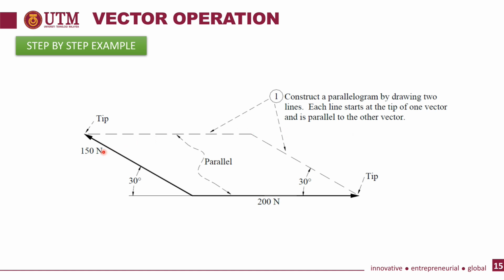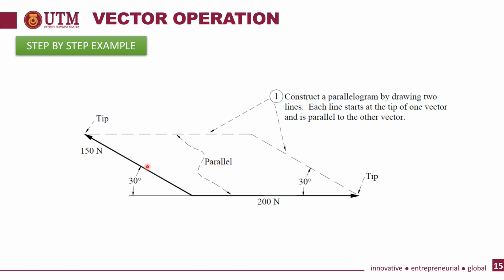All right. So this is the force that has been given. You draw the parallel line which starts from the tip or the head of the first force. You draw the parallel line of this 200 Newton force, and then the other you draw from the tip, and you draw the parallel line here, which is parallel to this line.